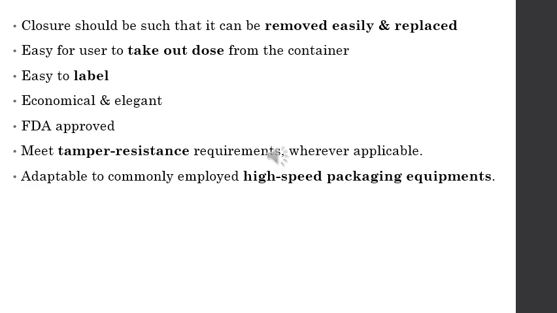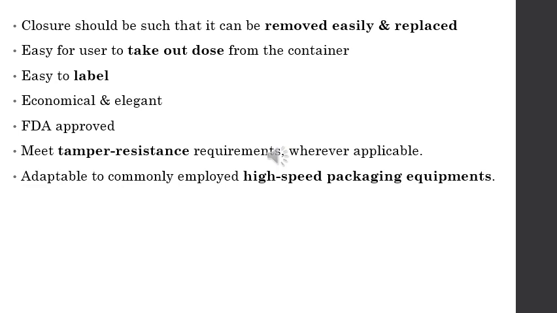Next requirement is that the closure which is used for the container should be removed easily and it should be replaceable. Then, whatever container is used, you should be able to take out the doses from the container. The labeling should be easy, and it should be economical and elegant. The material used for preparing the container should be FDA approved, that is Food and Drug Administration approved.